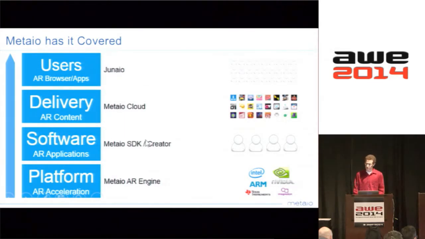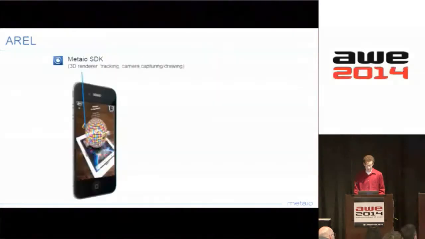We provide development software in the form of our SDK and Creator. We provide delivery for AR content through our own Metaio cloud servers, and also we provide the Junaio AR browser for users to access your applications.